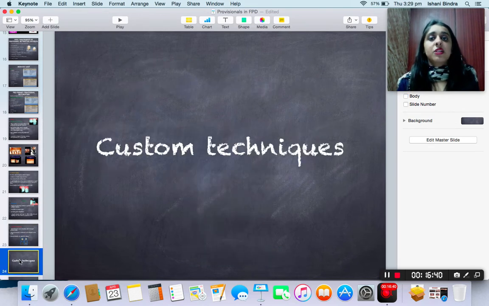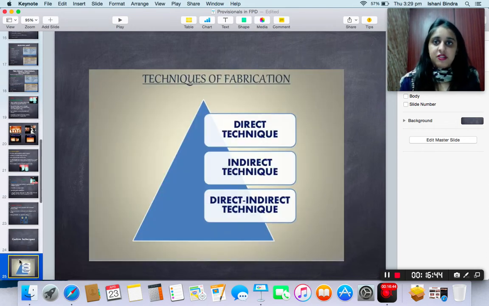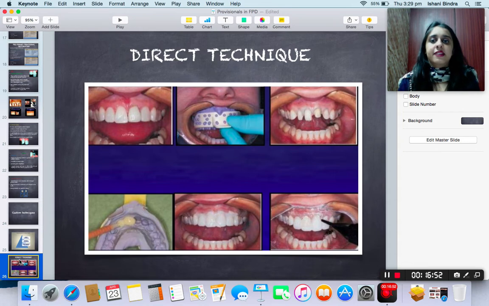Now coming on to the custom techniques. Custom means customized for a particular patient. According to that, they are classified into direct technique, indirect technique, and direct-indirect technique. What is a direct technique? If we have to prepare, for example, these anterior teeth, before preparation we will make an impression, maybe a putty index impression for the patient.